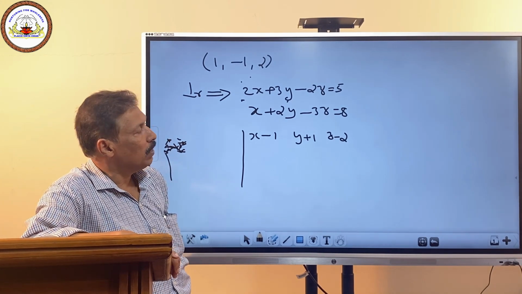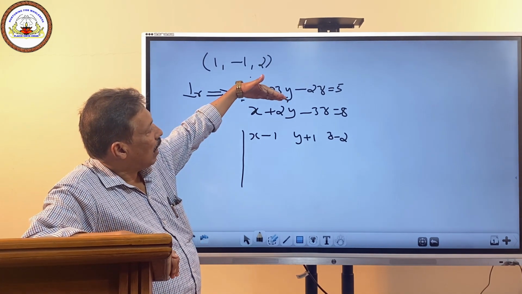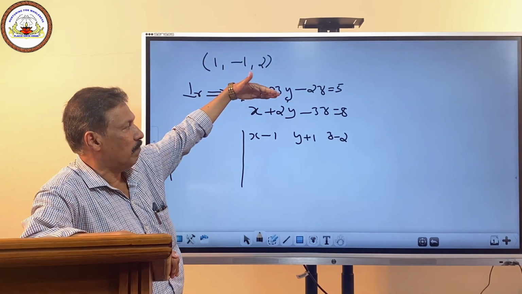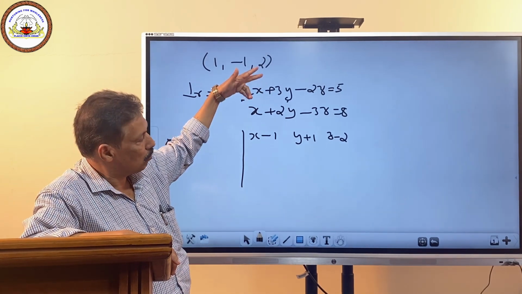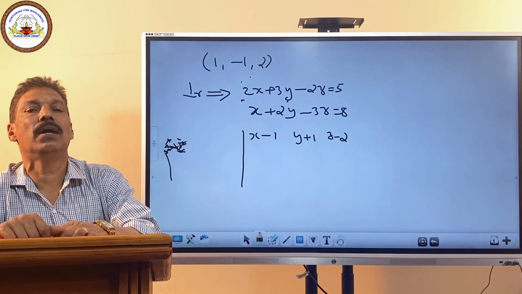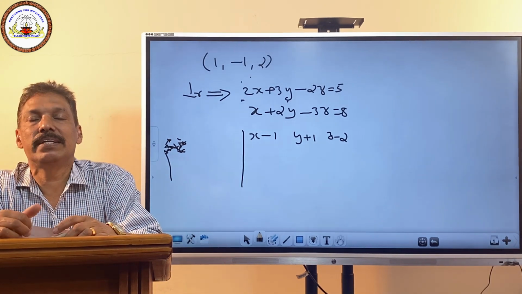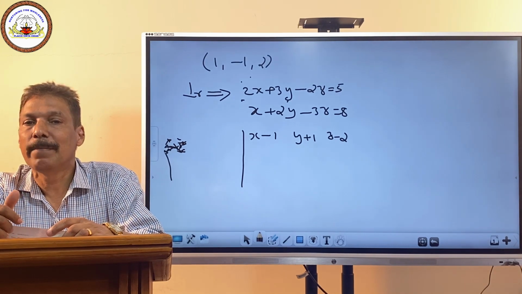Therefore, the normal vector to the required plane is perpendicular to this one, also perpendicular to this one. So we take the cross product of the normal vectors of the given planes. That is our normal vector.